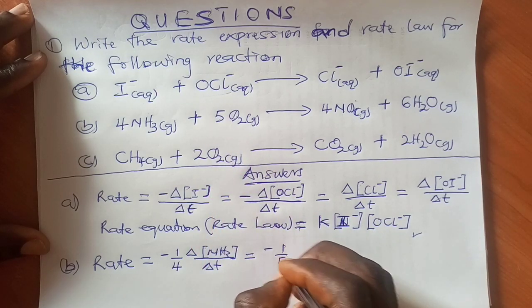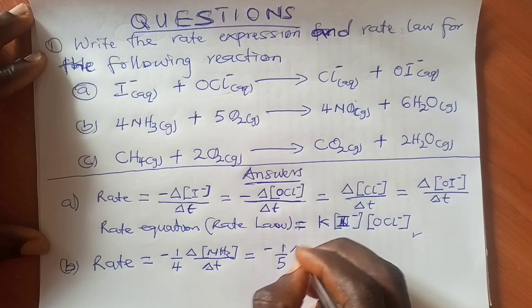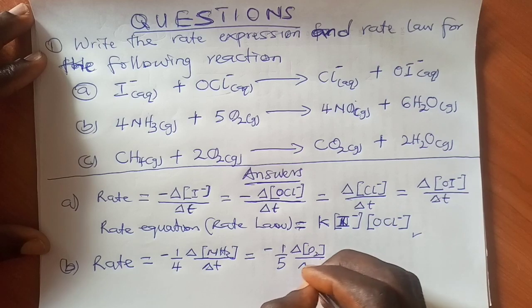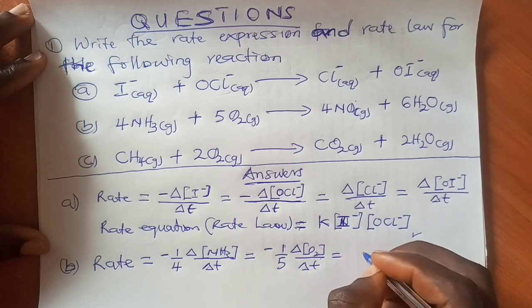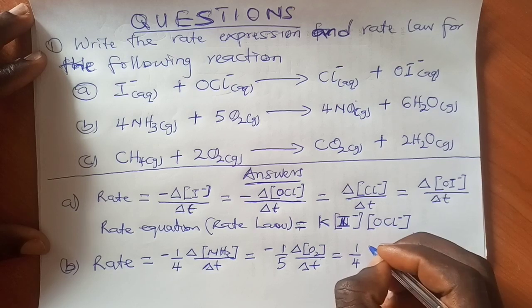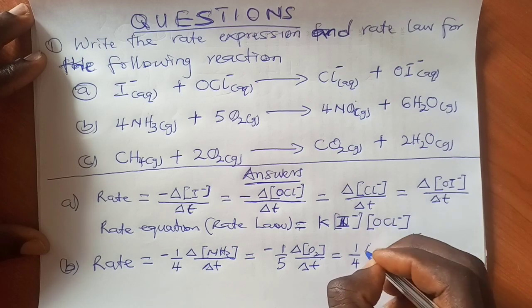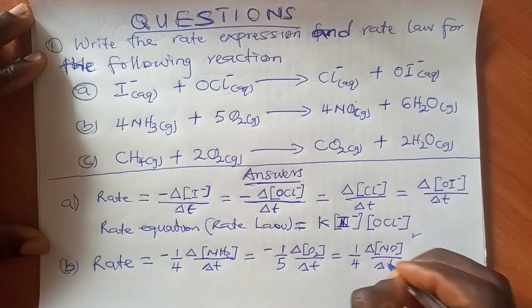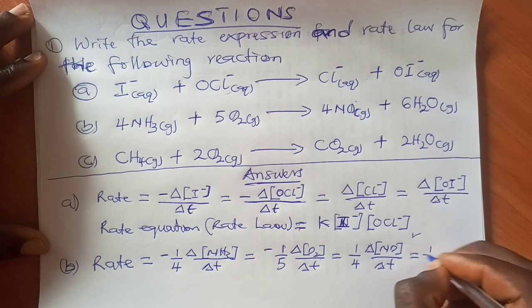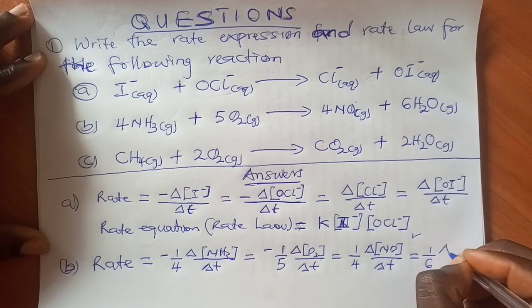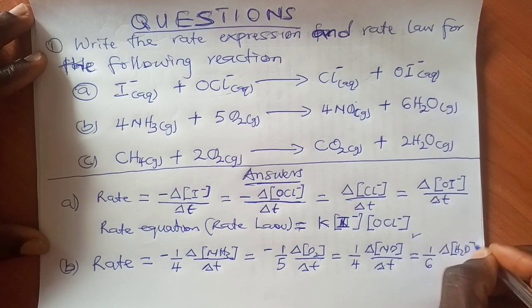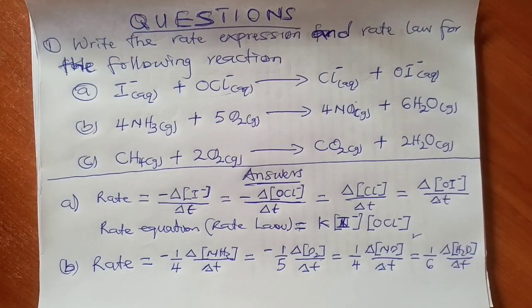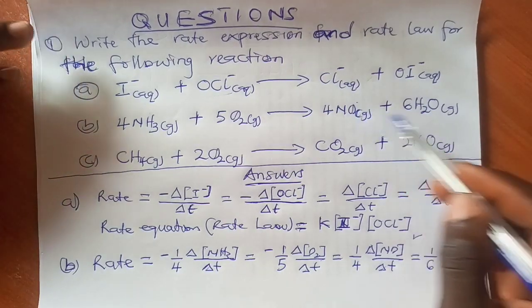Just watch my video, you will understand better. The concentration of oxygen with the change in time is equal to 1 over 4 the change in the concentration of nitrogen 2 oxide with time, is equal to 1 over 6 the change in the concentration of water with time. So that answers the rate expression for this reaction.